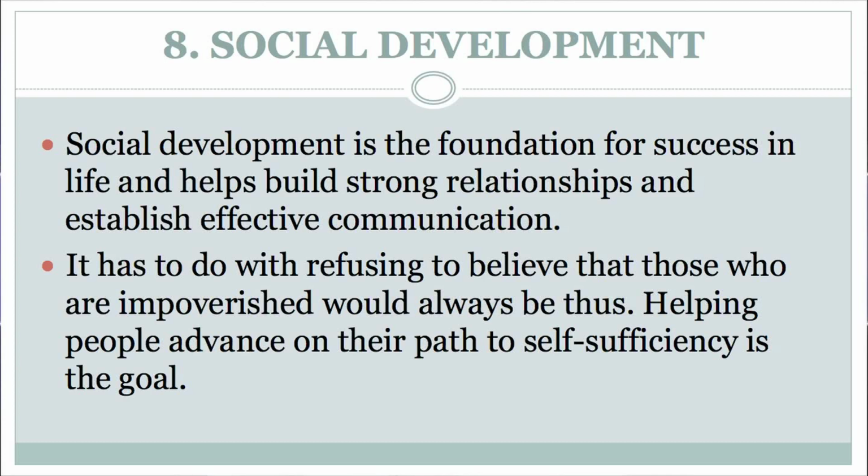Such social development is the foundation for success in life and helps build strong relationships and establish effective communication with everyone. It has to do with refusing to believe that those who are impoverished would always be like that. Helping people advance on their path to self-sufficiency is the main goal of social development.